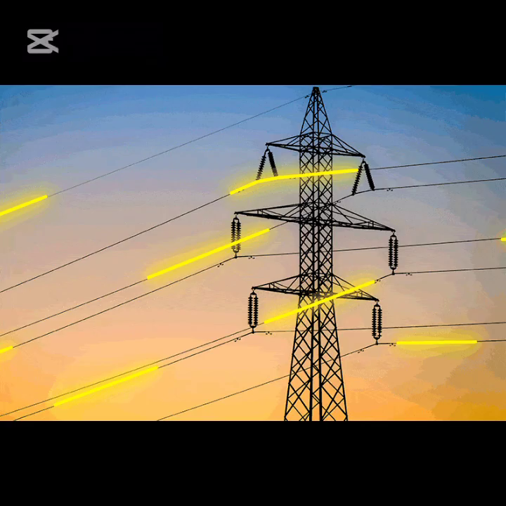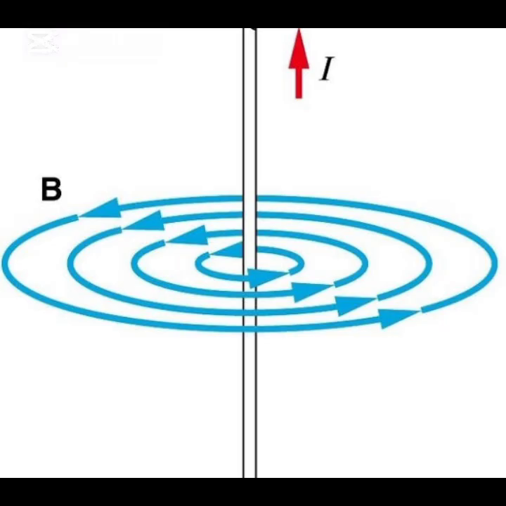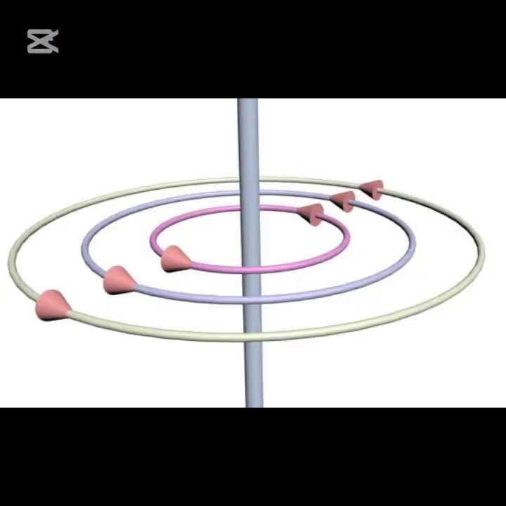Now, let's delve into the causes of skin effect in transmission lines. The skin effect arises due to the interaction between the magnetic field generated by the AC current and the conductor. As AC current passes through a cylindrical conductor, it creates both an external and internal magnetic field. The frequency and amplitude of the AC current determine the behavior of this magnetic field.